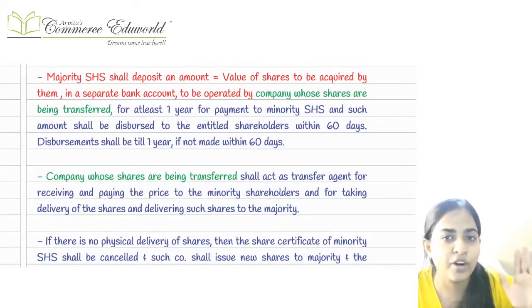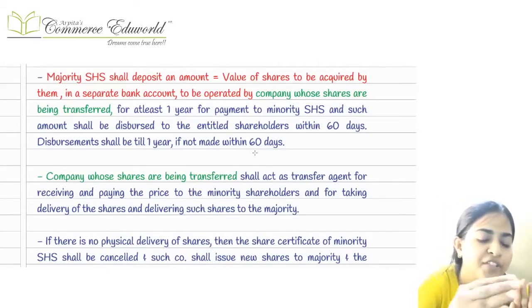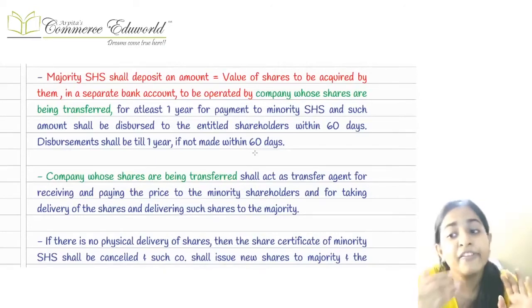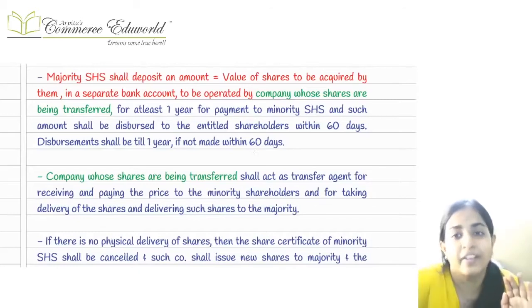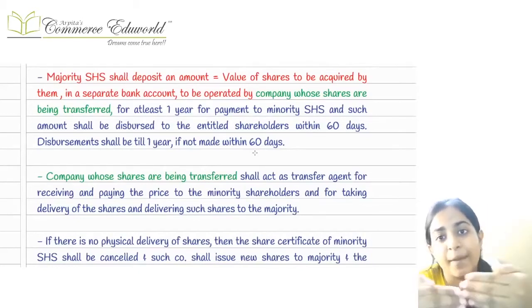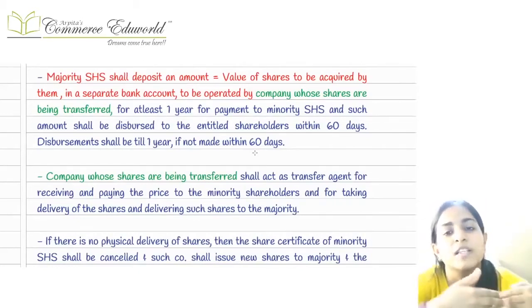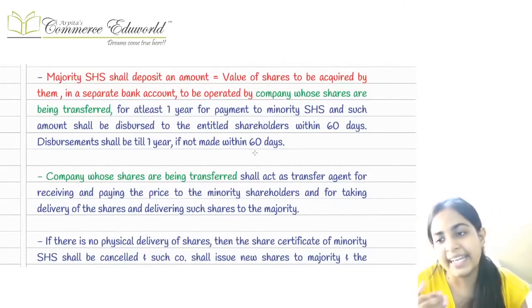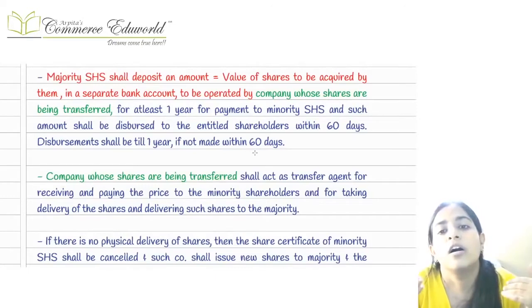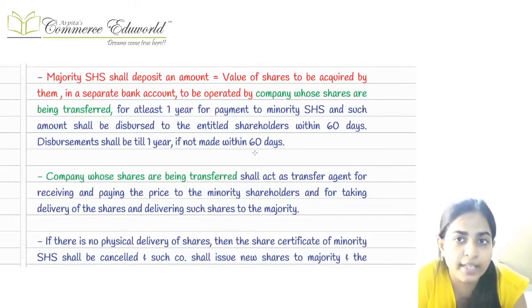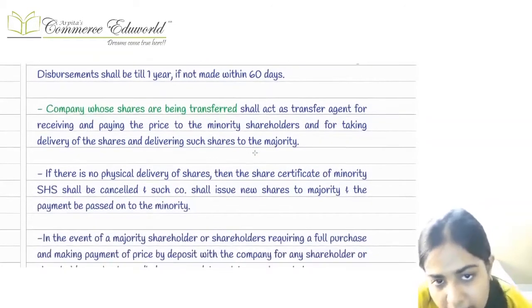If not done within 60 days, then it can be done within a period of 1 year. It's not 60 days plus 1 year; it is 1 year including this period of 60 days. It means we can get an extension of a total period of 1 year including this original period of 60 days.